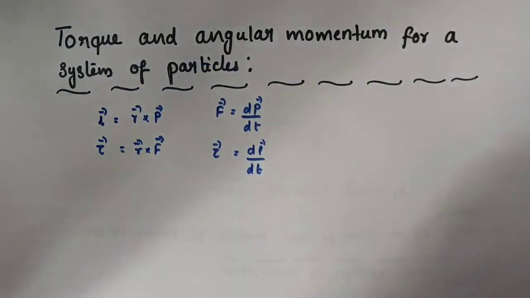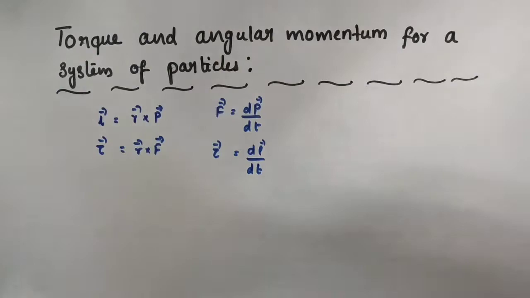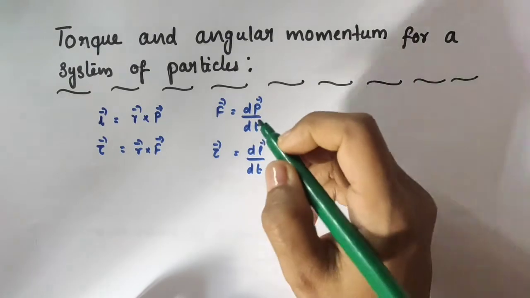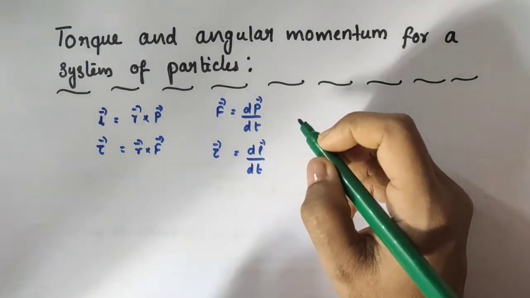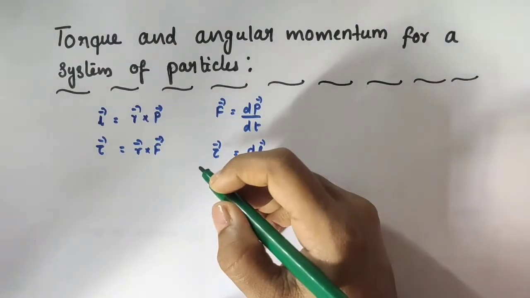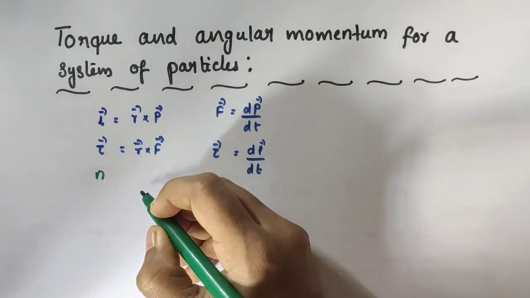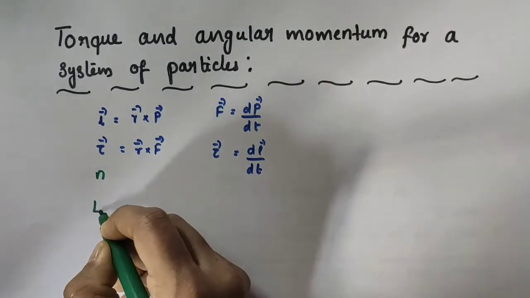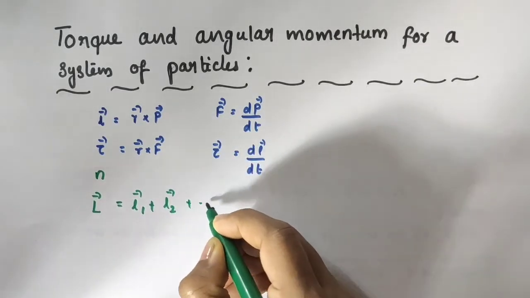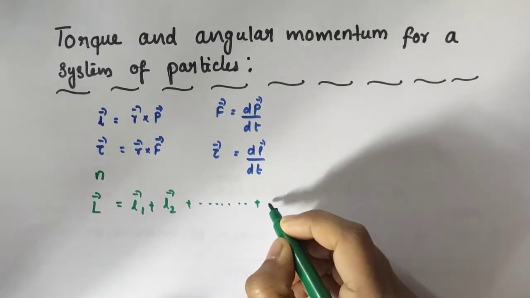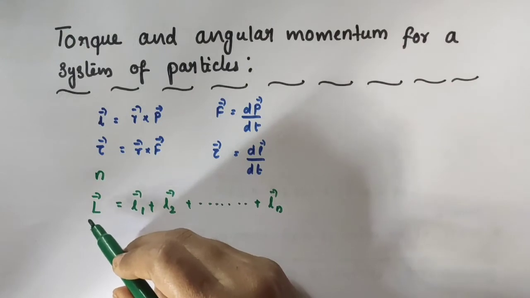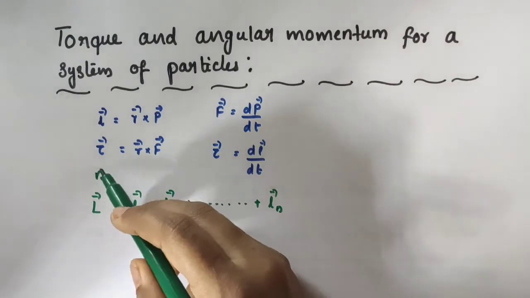system of particles. See, the total angular momentum of a system of particles about a given point is the vector sum of the angular momenta of all individual particles. So, if we have a system of n particles, then the total angular momentum can be written as vector L is equal to vector L1 plus vector L2 plus vector L3 plus vector L4 plus etc. plus vector Ln, where this capital vector L is the total angular momentum of the system of n particles.